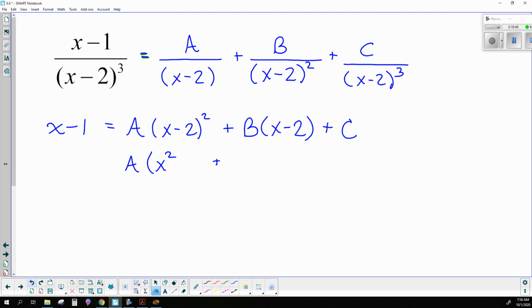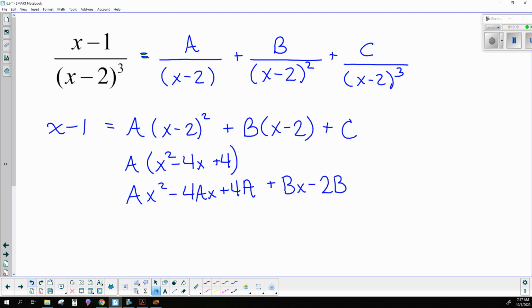You square the second, and you double like that. Okay? So if we were to combine, it'd be ax squared minus 4ax plus 4a. And then the b term would be bx minus 2b plus c. Remember, that's all equal to that.